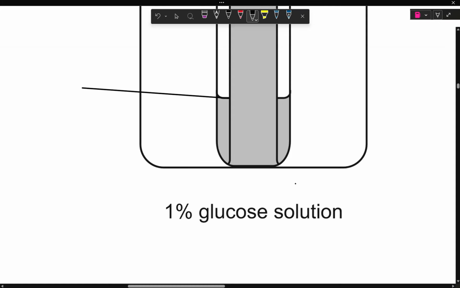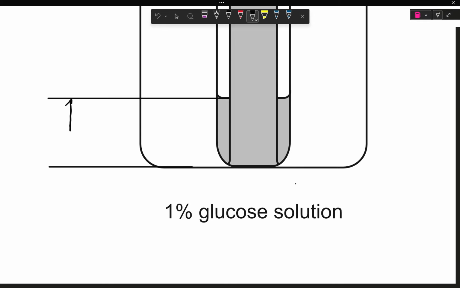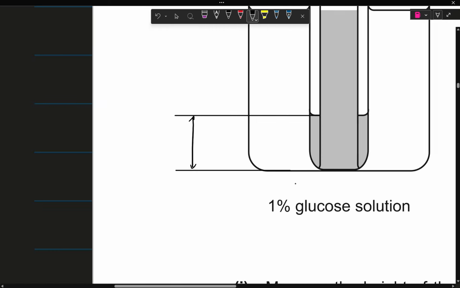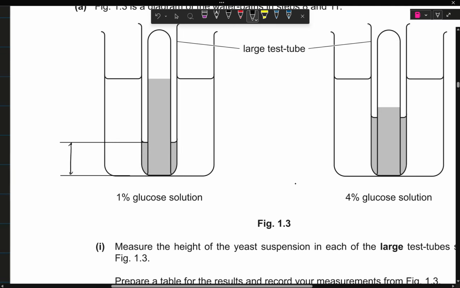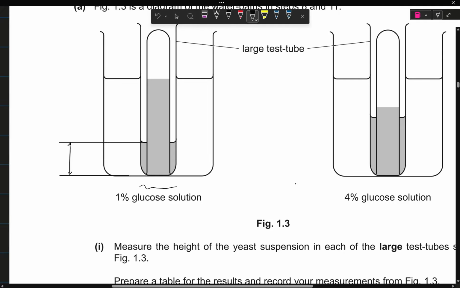So the best approach is to draw lines like so, like that, and then use your plastic ruler or whatever, make sure that it is at least transparent. That would be easier to assess. And then you can write the values here. Now this is not part of the question. You don't write it here literally. However, you just write it here as a draft.